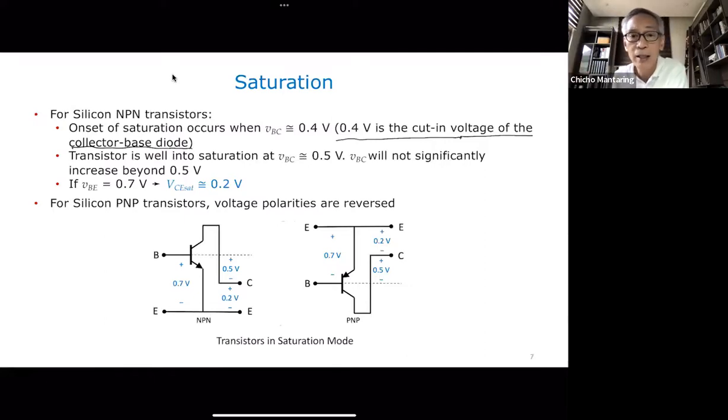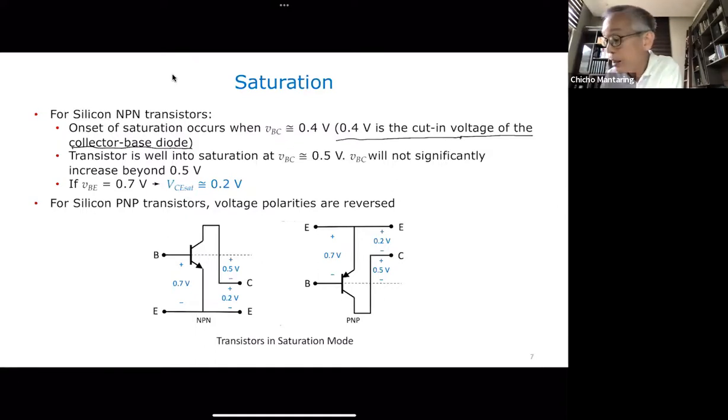So you might ask, for silicon, we're talking about silicon here, no? Doesn't silicon have 0.7? Well, 0.7 is usually for well-constructed PN junctions. But the collector base is not a well-constructed PN junction.